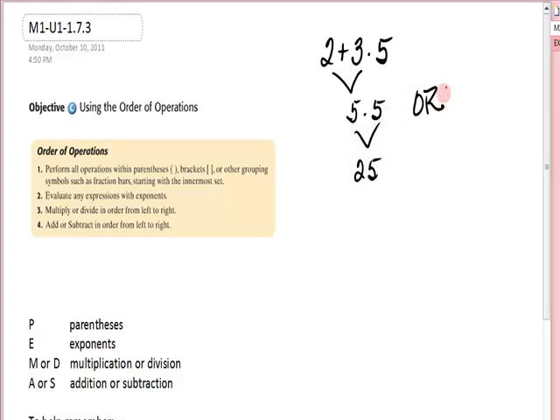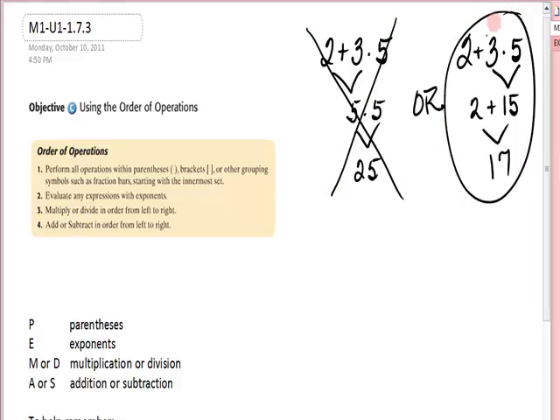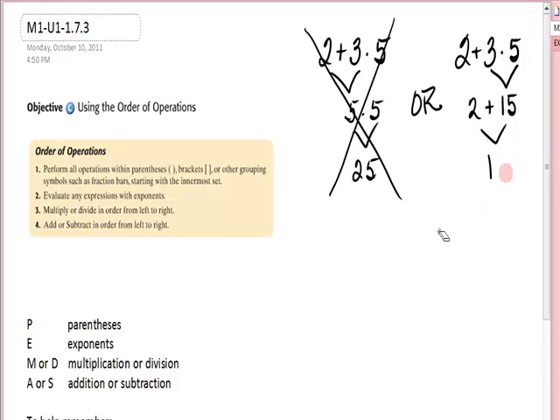Or, let me write it again, do I for some reason jump over here and multiply for 15 and then add the 2 for 17? Because depending on how I do it, I get a very different answer. Only one of those can be correct, and everyone doing mathematics has to do it the same way. It turns out that this is wrong and this is right. Okay, so we will talk about why as we move into this lesson.